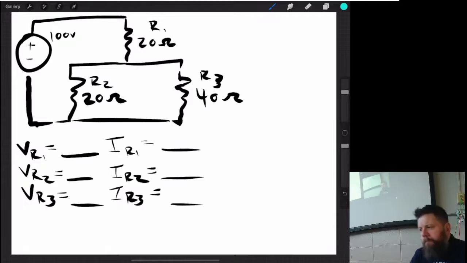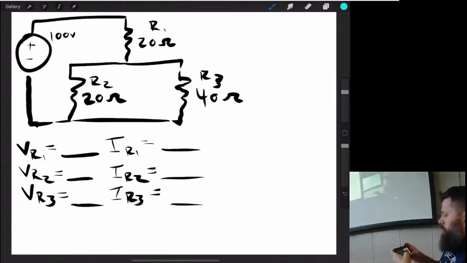All right, so 20 in parallel with 40. I know what the answer is, but I'm going to do my math to make sure I'm right. I'm going to do 20 reciprocal plus 40 reciprocal equals 0.075.